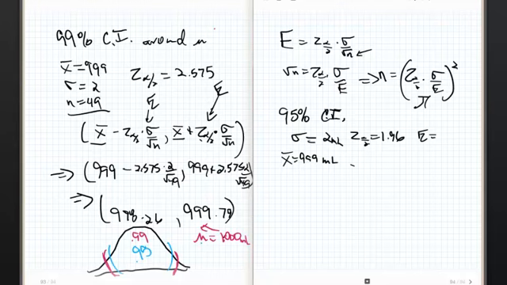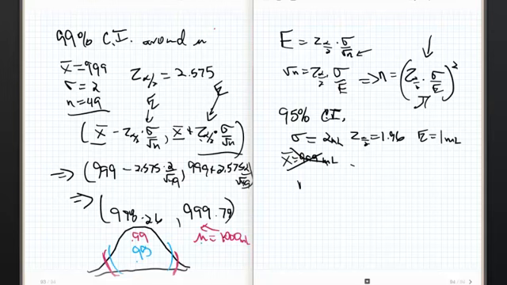So let's say I'm going to build a 95% confidence interval around the Pepsi problem. I've done no prior research, so let's say I want to be off by 1 milliliter. Notice this formula has no X bar in it because the error statement has no X bar in it. And this is going to tell me how many I have to collect.